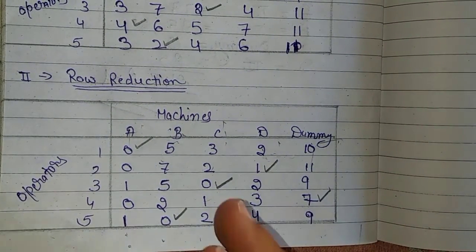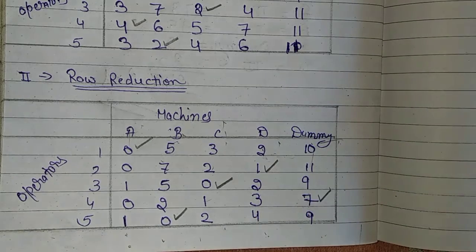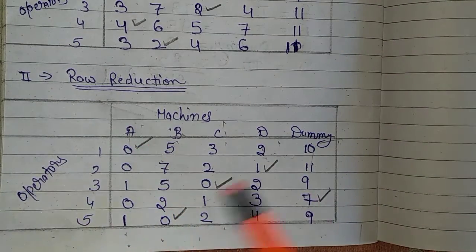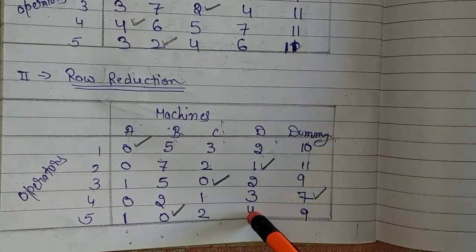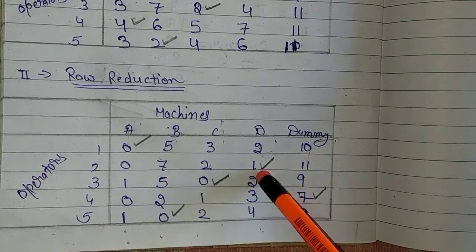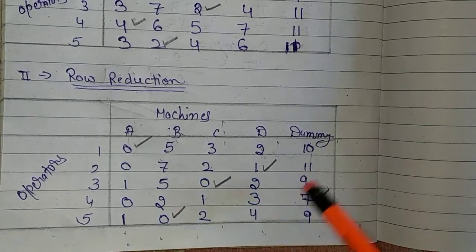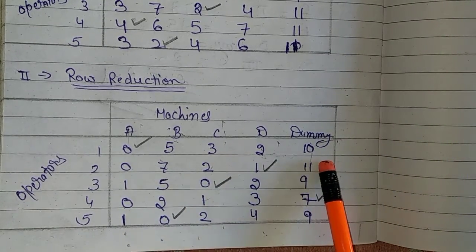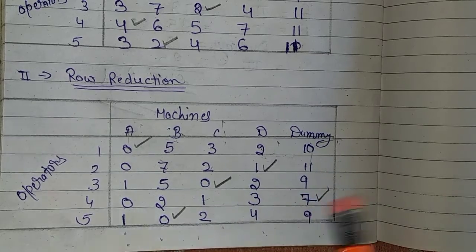Now we subtract these minimum numbers from their respective columns, like 0 minus 0, 0 minus 0, 1 minus 0. Similarly, in this column the minimum number is 1: 2 minus 1, 1 minus 1, 2 minus 1, 3 minus 1, 4 minus 1. Here the minimum number is 7: 10 minus 7, 11 minus 7, 7 minus 7, 9 minus 7.